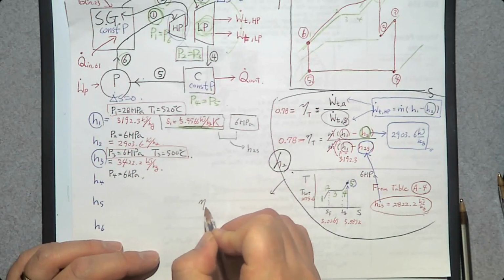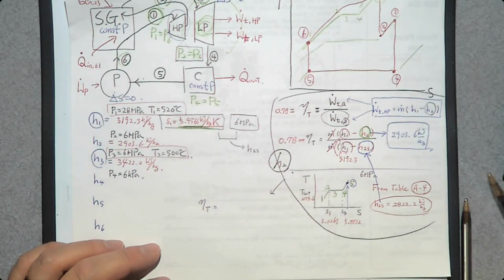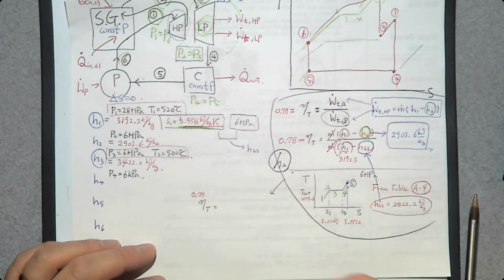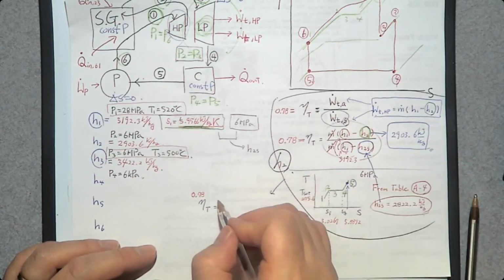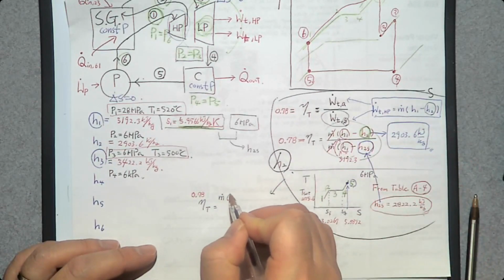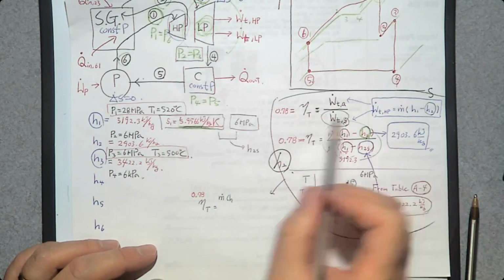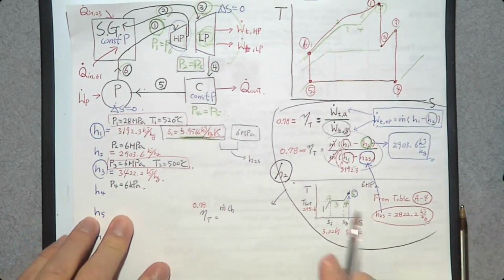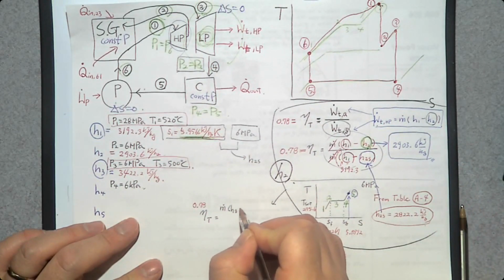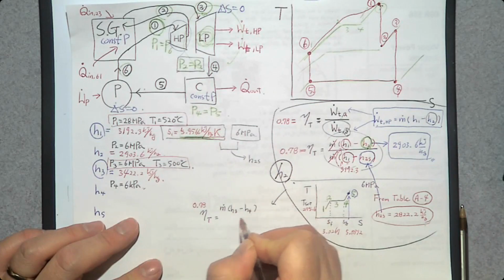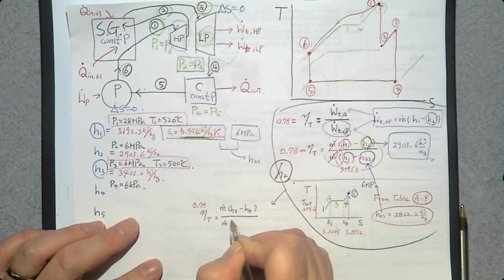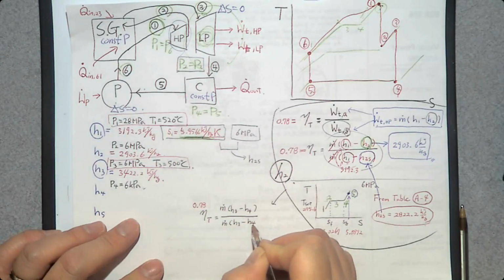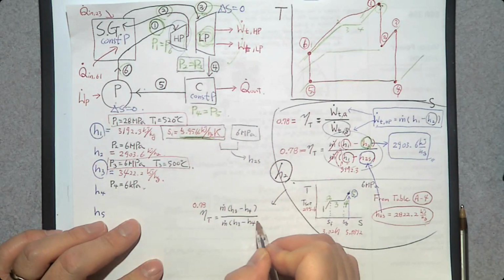The isentropic turbine efficiency, 0.78, can be determined by this equation: m dot times (h3 minus h4) divided by m dot times (h3 minus h4s), assuming an isentropic process.